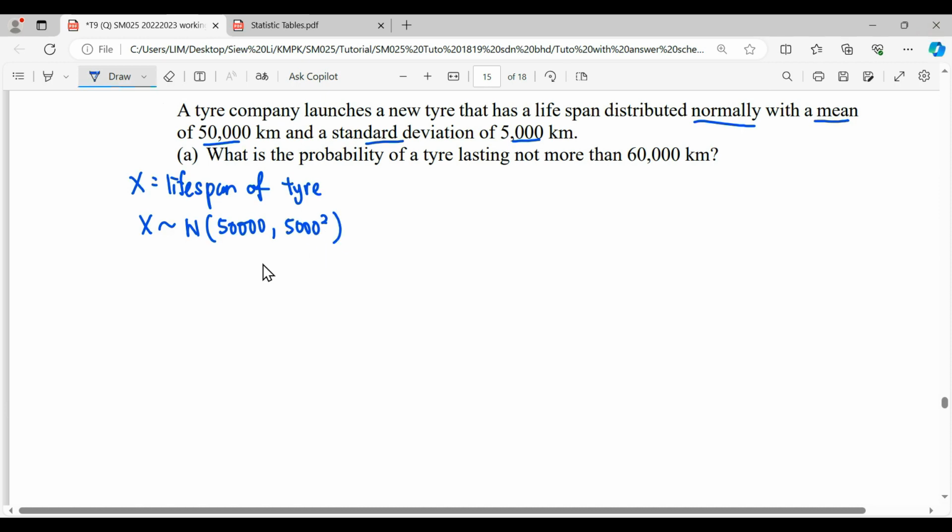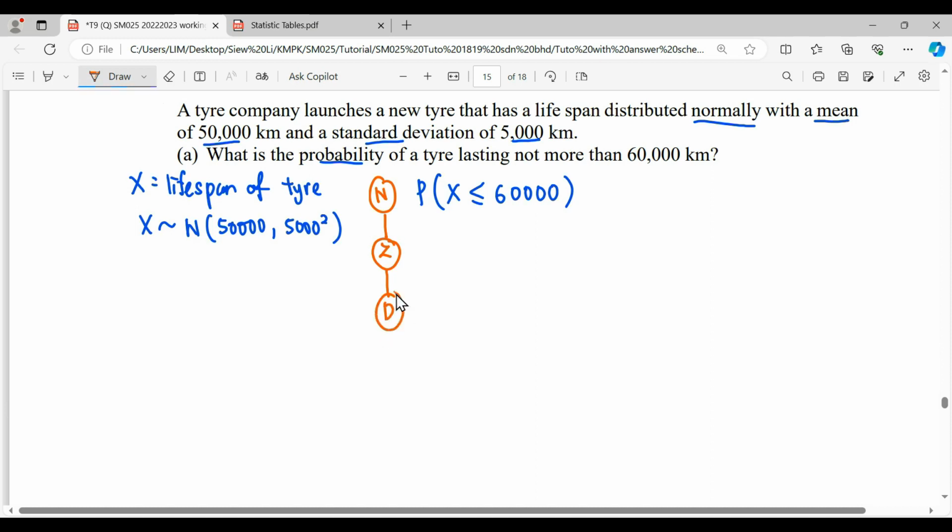Then for the first question, they're asking to find the probability of the tire lasting, meaning its lifespan, not more than 60,000. So it will be less than or equal to 60,000. For this question, our X is starting from normal distribution. What we're going to do next is change it to z-score.